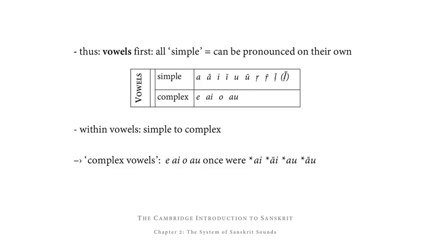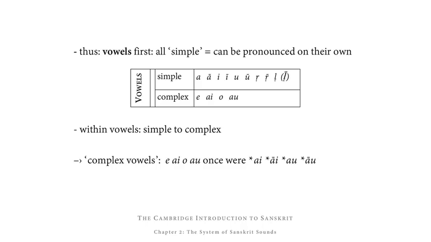To understand why those last four are considered complex, we need to know that these originally were not e, ai, o, au, but at an earlier point in the language were ai, ai, au, and au. Knowing this helps us understand why they're considered complex. Each of them consists of two vowels; they're so-called diphthongs.